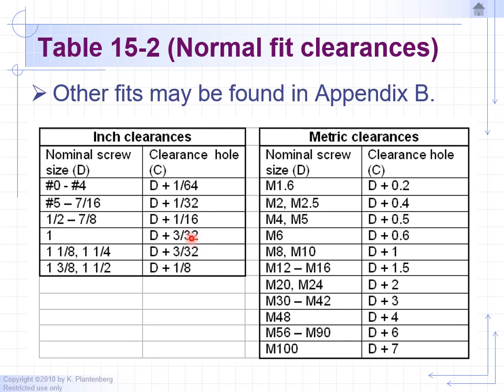So that hole will be larger than the diameter of the bolt. If we're dealing with a 1/2-inch diameter bolt up to a 7/8, we're going to go with 1/16. So for a 1/2-inch diameter bolt, the clearance hole, just add 1/16. That'll give us 9/16. It's just 8/16, which equals 1/2, plus 1/16 will give us a 9/16 clearance hole.